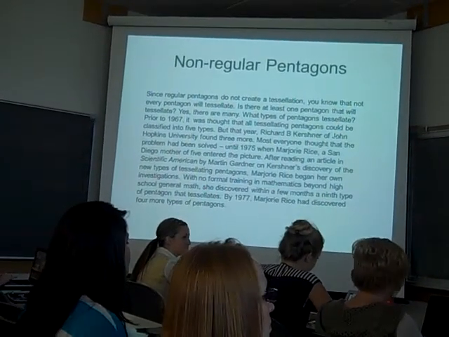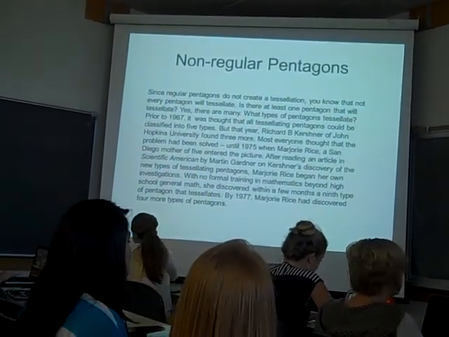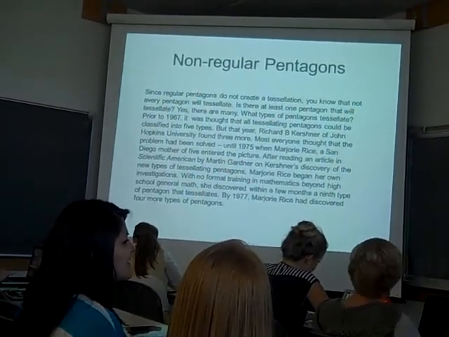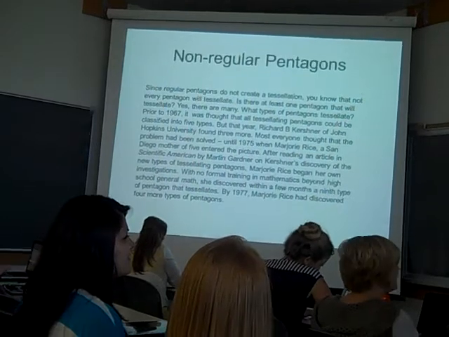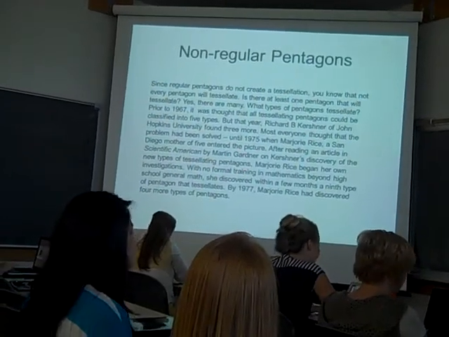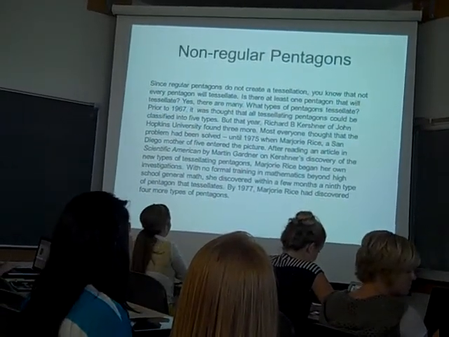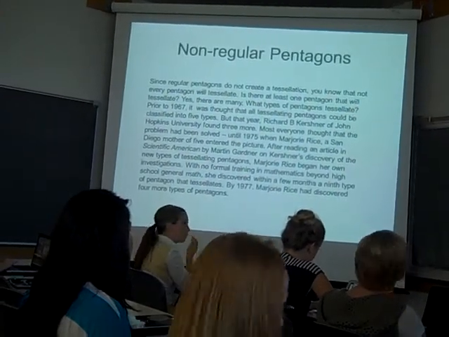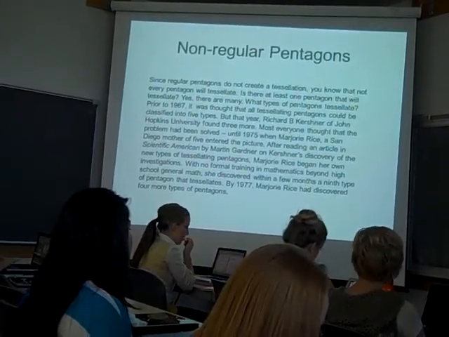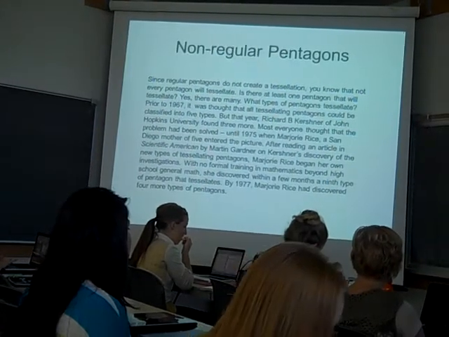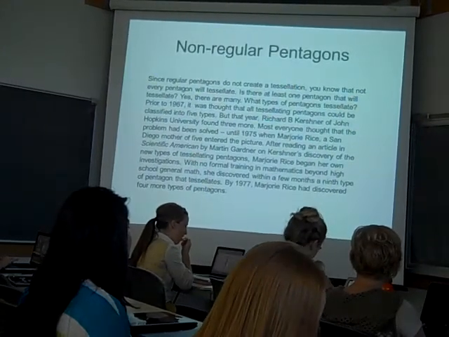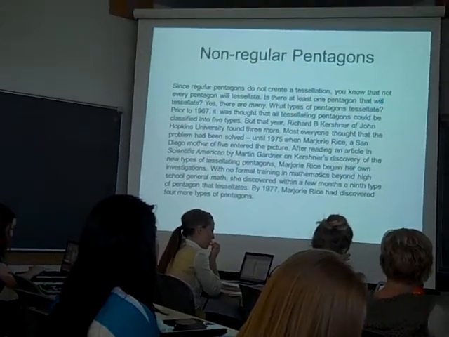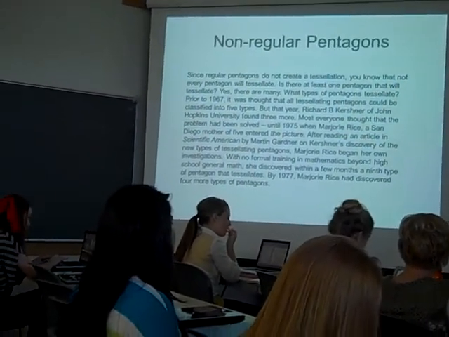And some of you are saying, mother of 5, when does she have time to read Scientific American? But she read about it and became intrigued and started playing around, and within a few months discovered a 9th type, and then 2 years later she had actually discovered 4 more types.